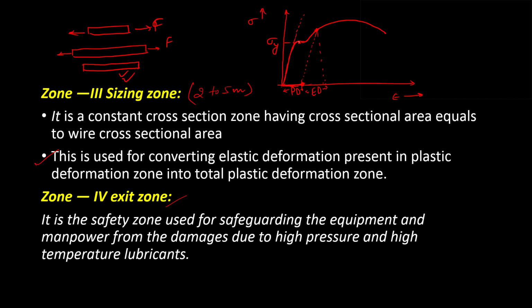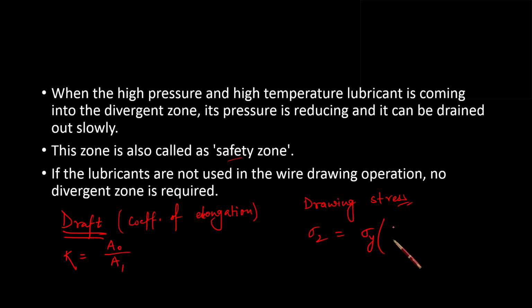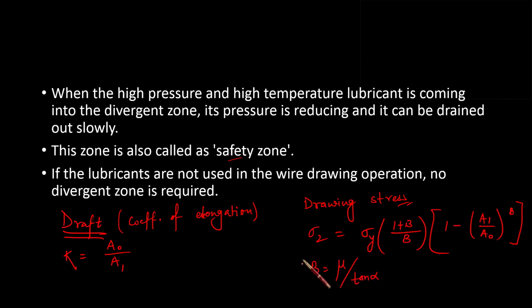Below that, if you are applying any kind of pressure, there will not be any plastic deformation. That means as soon as the force is removed, immediately the job will acquire its original shape. So that is sigma y, and there is a term (1 plus b) upon b, multiplied by (1 minus (A1 by A0) to the power b), that is, final by initial area. Here b is mu upon tan alpha, or mu cot alpha.